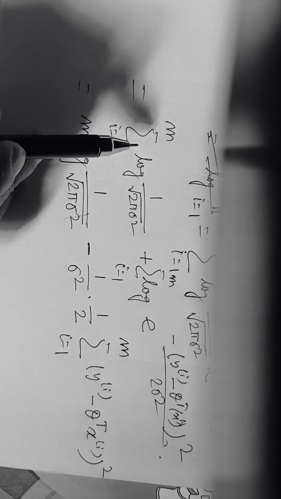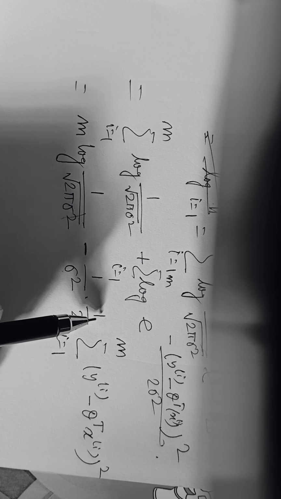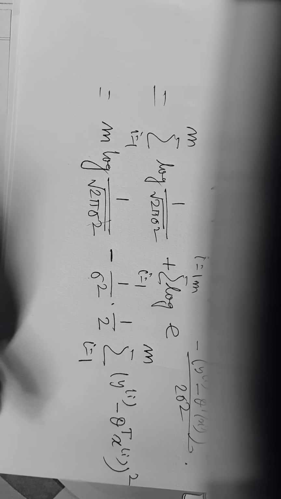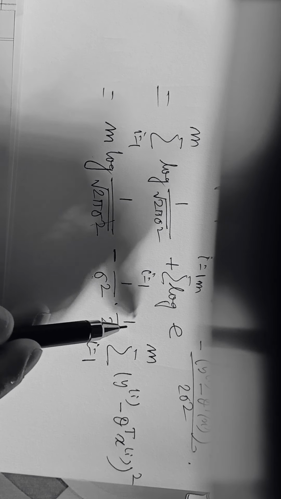So m times this term minus log of e to the power, this means this term, so we are getting half of 1 by sigma square. For better understanding, I have written 1 by sigma square, then 1 by 2, nothing else.